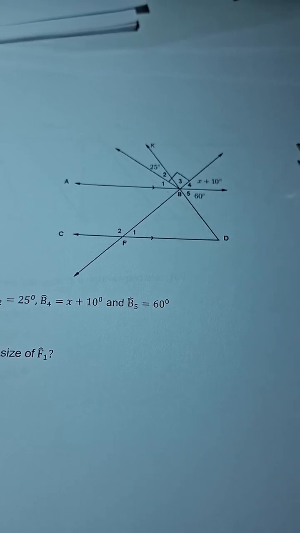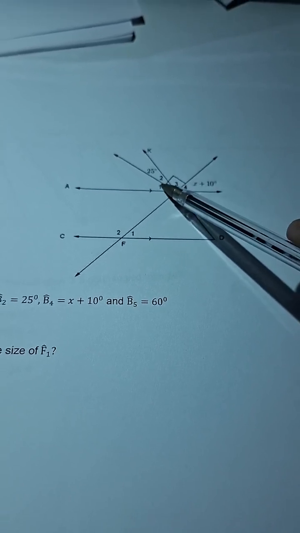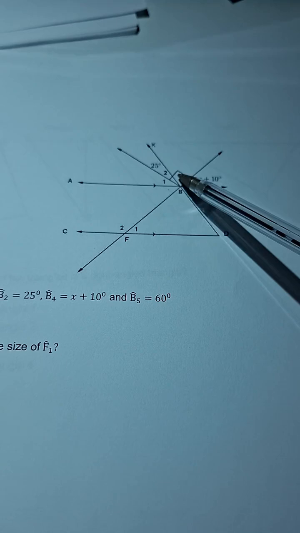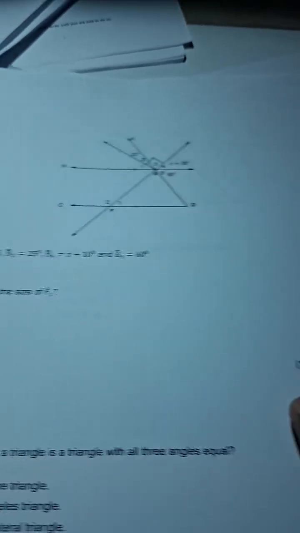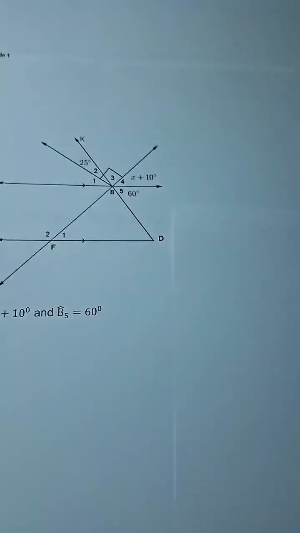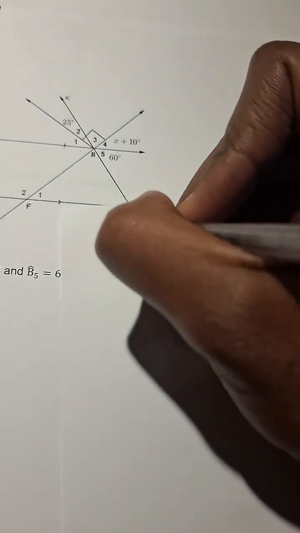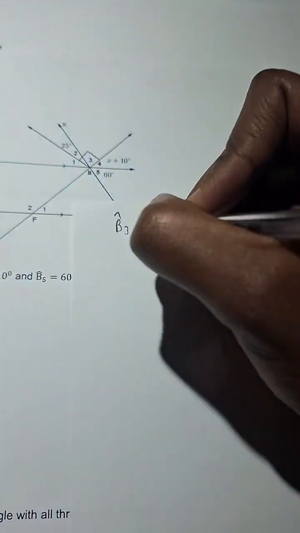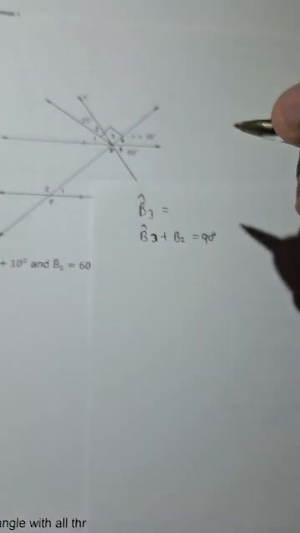I think we can find B3, right? This entire angle is 90, but B3 we can find. So how do we find B3? Let's say angle B3 plus angle B2 together are equal to 90 degrees.